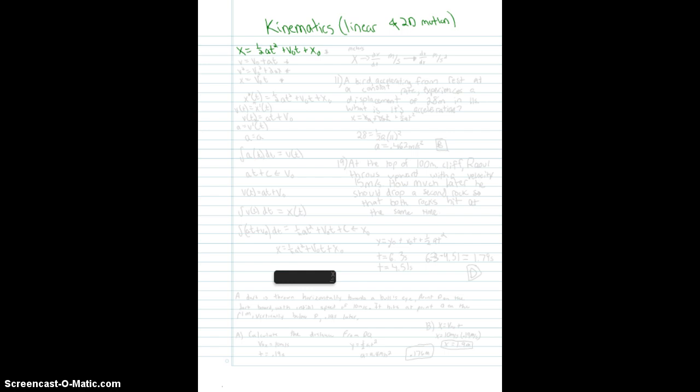Also, we have velocity equals velocity initial plus acceleration times time. We also have velocity squared equals v sub o squared plus 2ax. And lastly, we have x equals v sub o t.